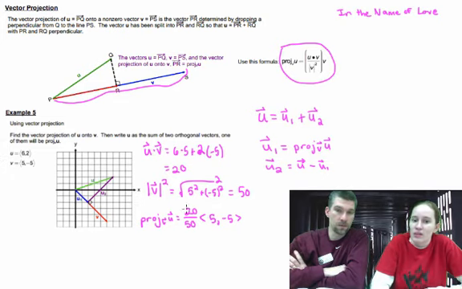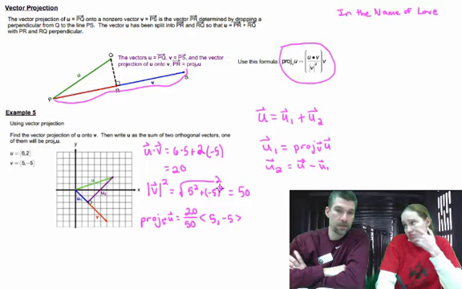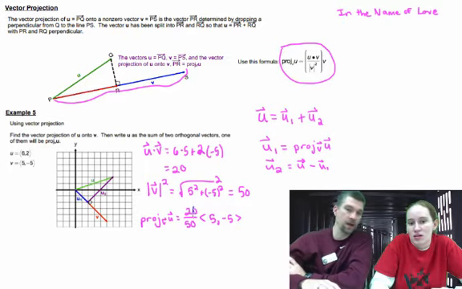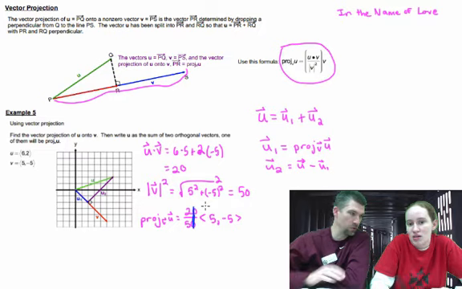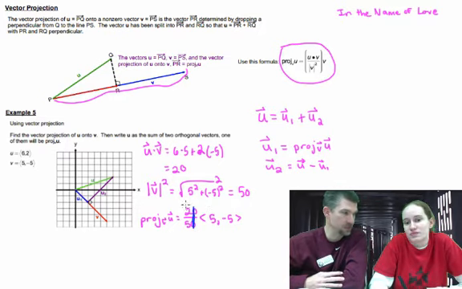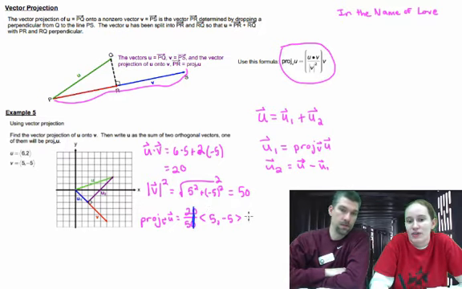Okay, so now we would distribute. A little distributing. If you were uber cool, you would see that 20 over 50 cancels down. That's 2/5 times 5 comma -5, which is kind of convenient because the 5s will cancel, leaving us with 2 comma -2. Yeah, I believe that's correct.